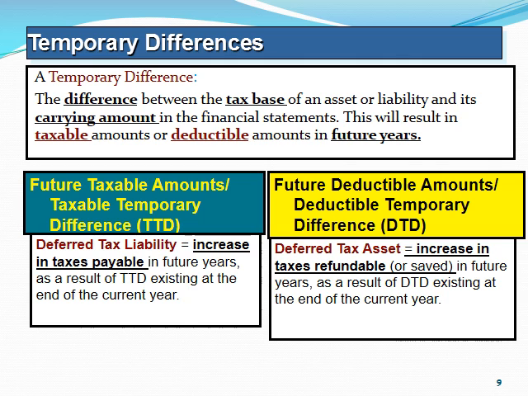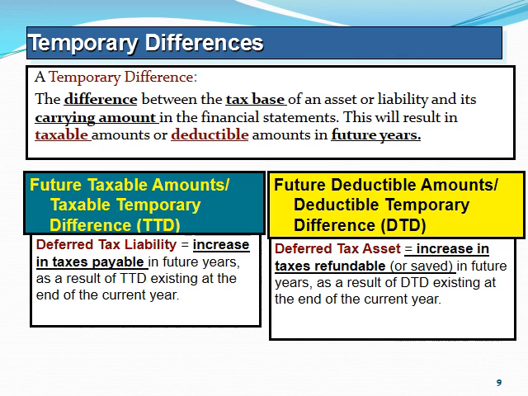The first one is future taxable amounts, or taxable temporary difference, TTD. The second one is future deductible amounts, or deductible temporary difference, DTD.